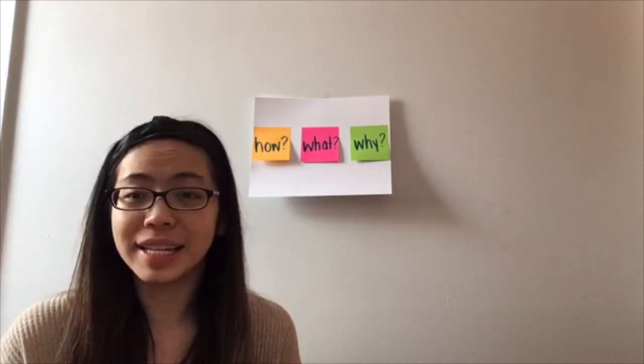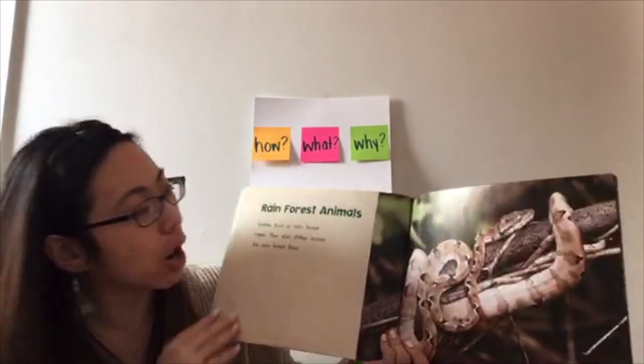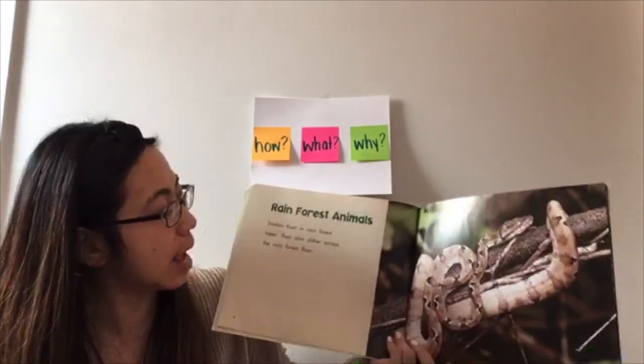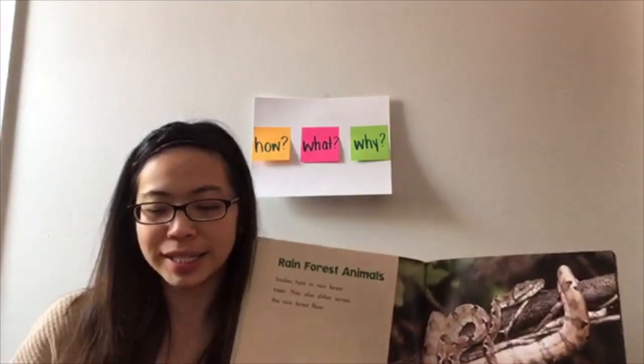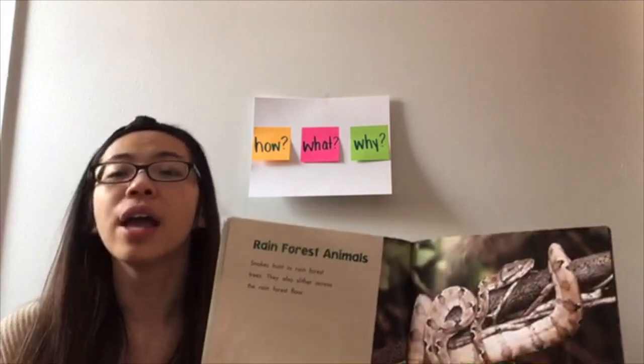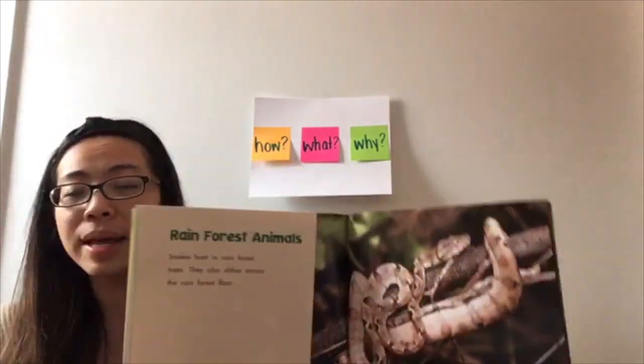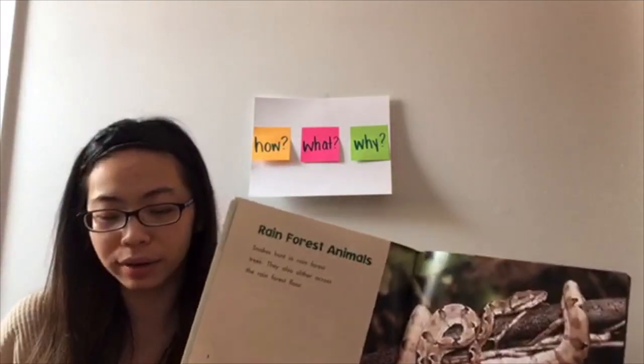You could have said something like, this part is teaching me about the different types of animals that live in the rainforest, such as snakes that slither, frogs that hop, and of course apes that swing around, right?